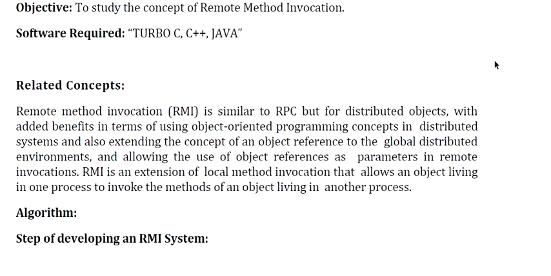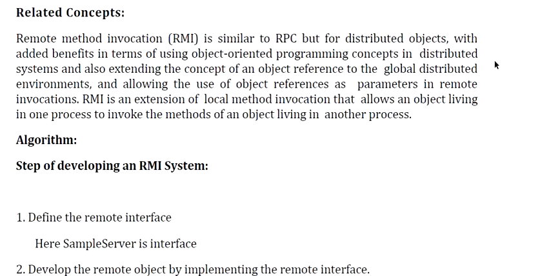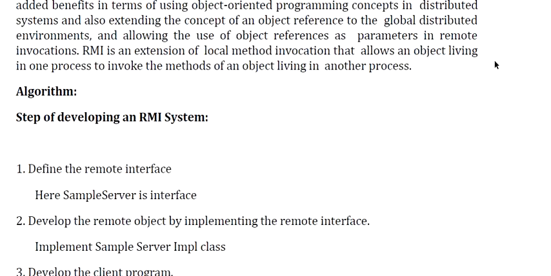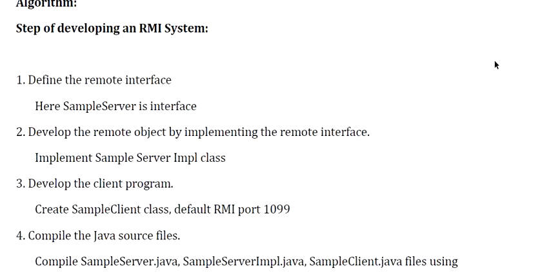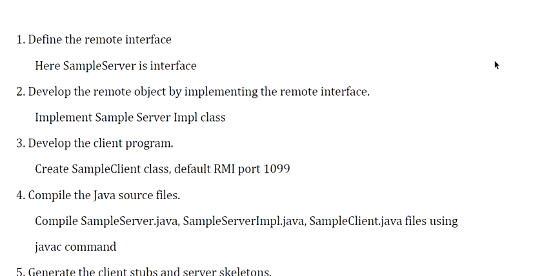Now we will see how the algorithm works, or how to develop the RMI system. First of all, we have to define the remote interface. Here SampleServer is the interface we have taken as an example. The second step is to develop the remote object by implementing the remote interface, that is, implement SampleServer in a class. The third step is to develop the client program.